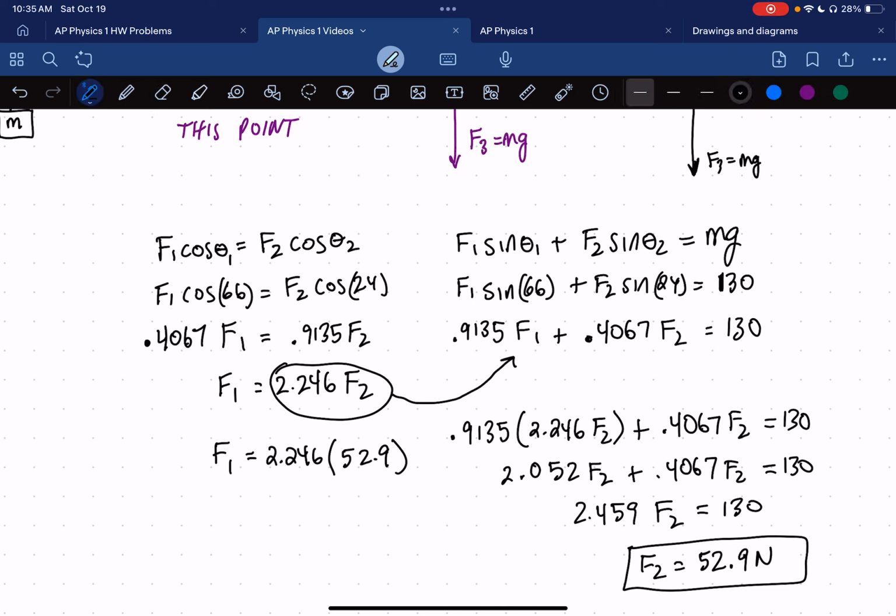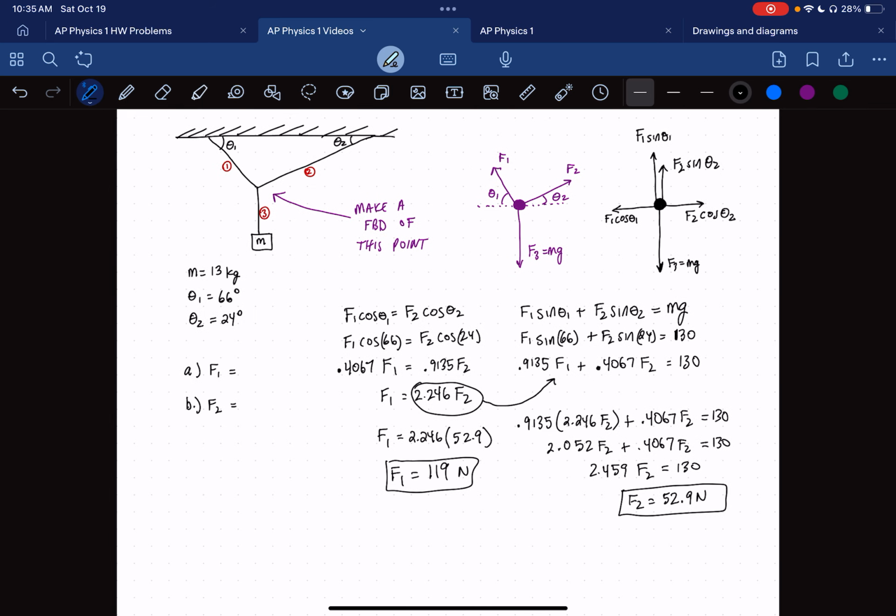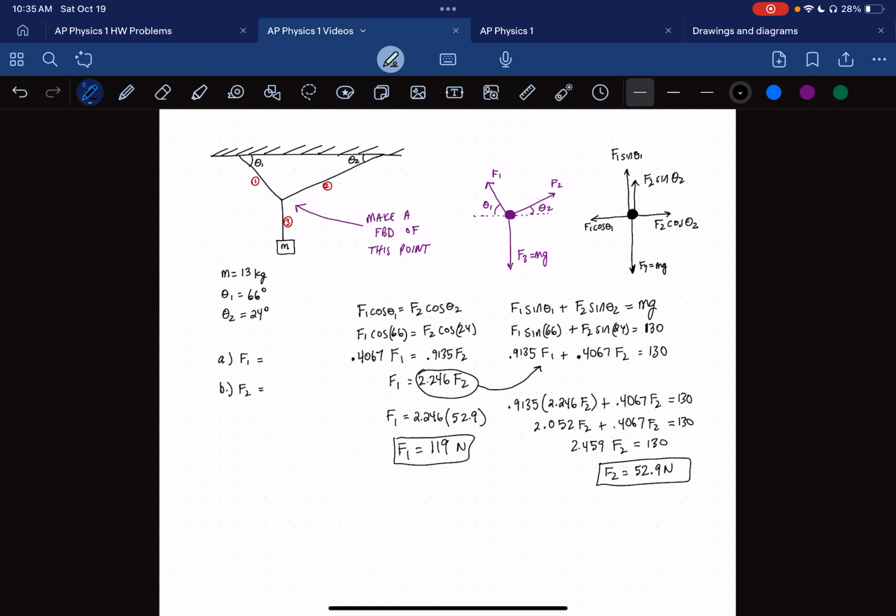I'm sorry, 118.8 newtons, which we can just say is 119. Okay. That is the tension force 1 and tension force 2.